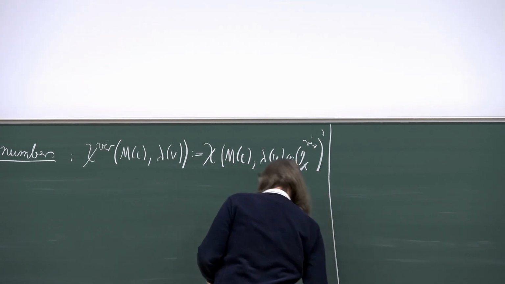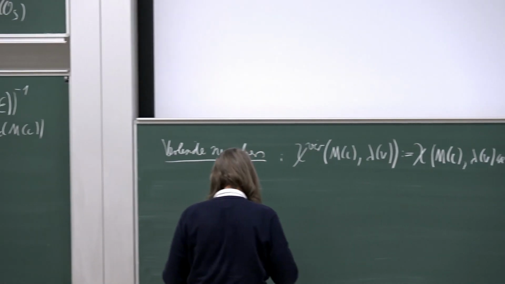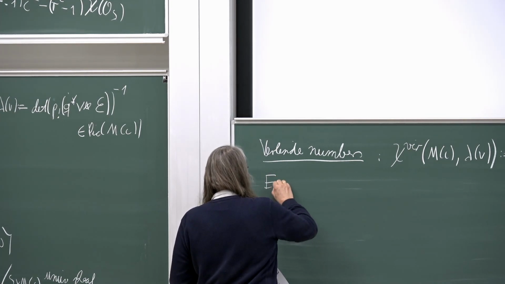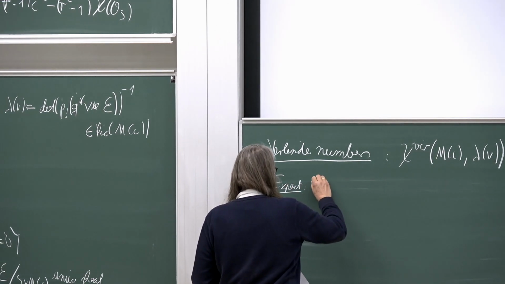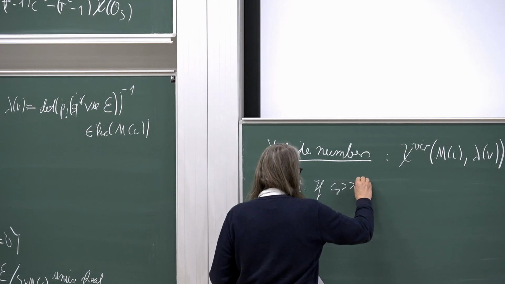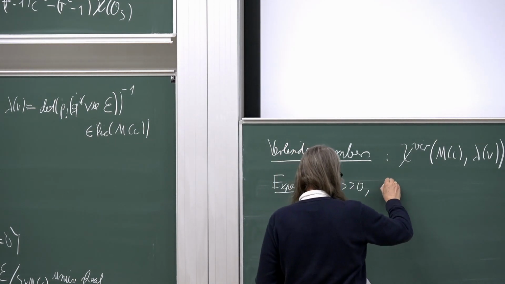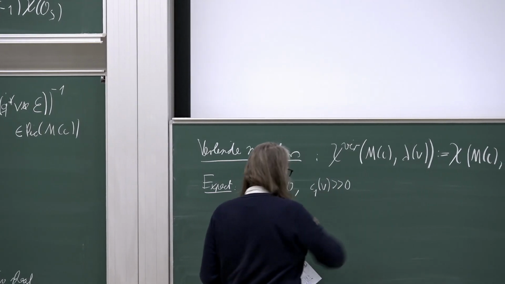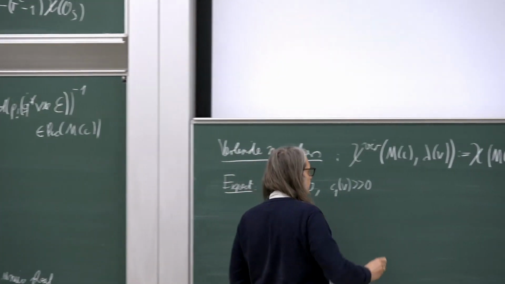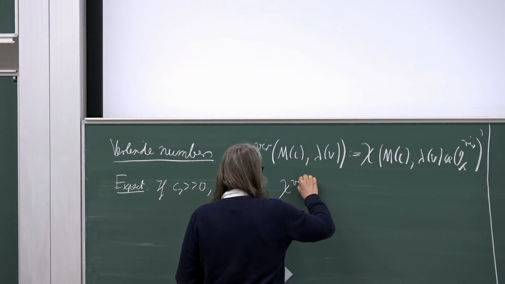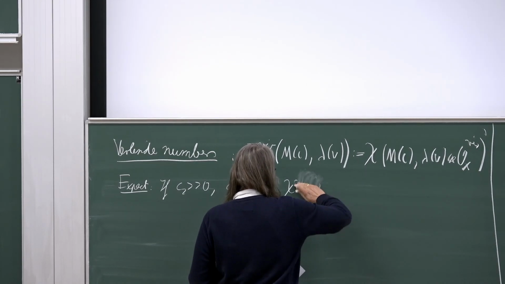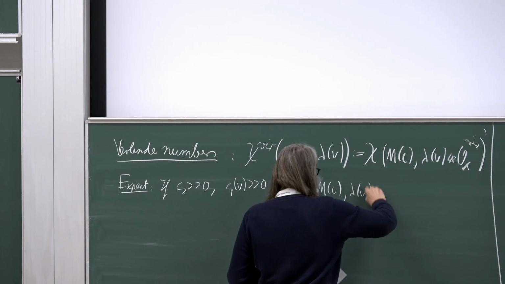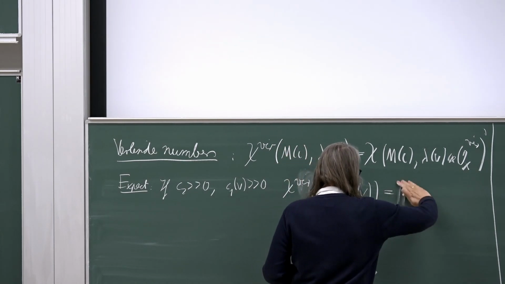And now one would expect that if c_2 is very big and, say, the first Chern class of V is also very positive, then this virtual holomorphic Euler characteristic should be just equal to the dimension of the space of sections.